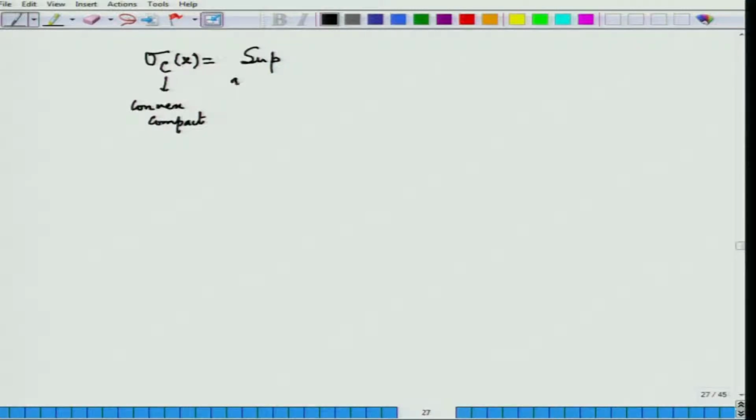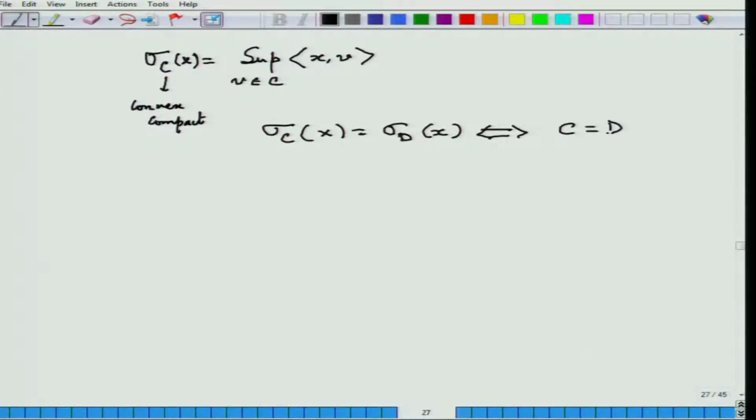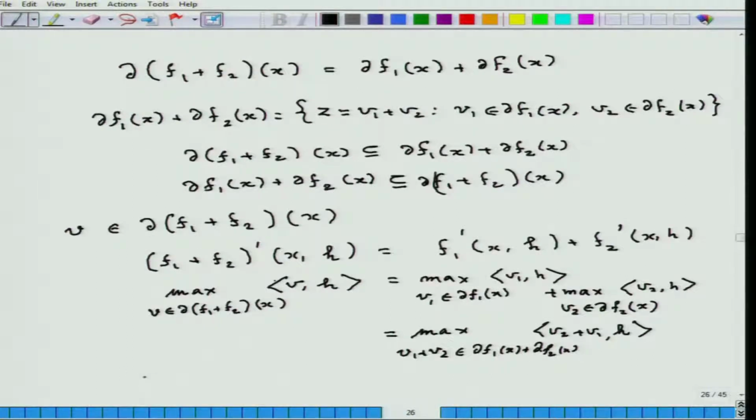It will consist of all V element of C, such that I want to find the maximum of this function x of V, x is fixed, over all V element of C. So, what you can prove is that if you have convex compact sets, then this is equal to this if and only if C is equal to D. This fact would lead us to conclude this fact, this one.